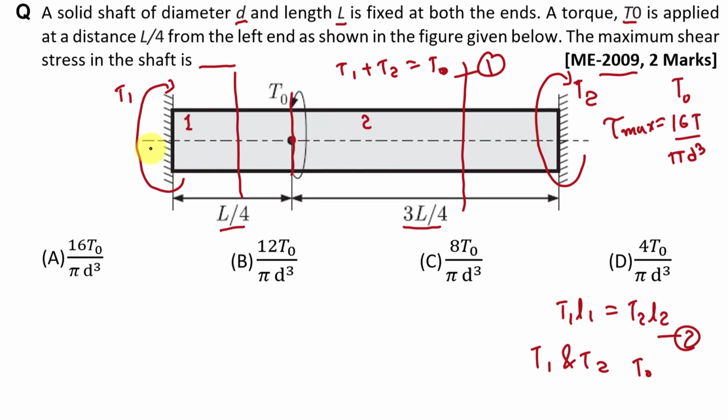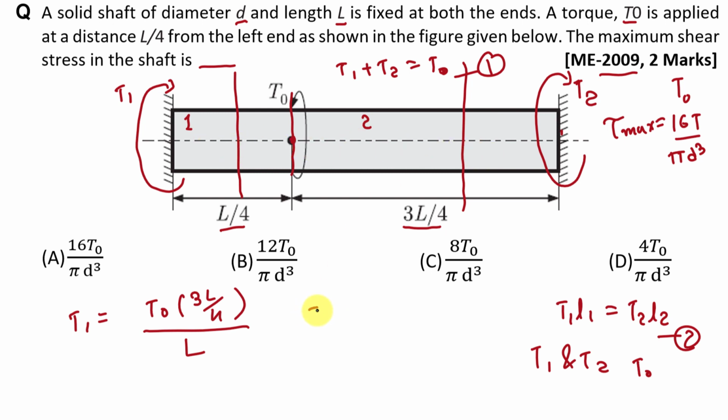See, if we want to find out T1, then we have to multiply this T0 with the opposite length, that is 3L by 4, and divide by the total length L. Means if we want to find the reaction at this end, then we have to take the distance between this point and the opposite end divided by the total distance.